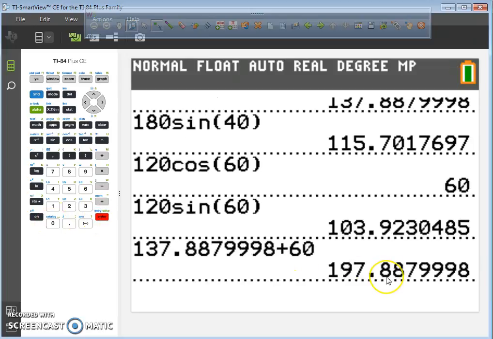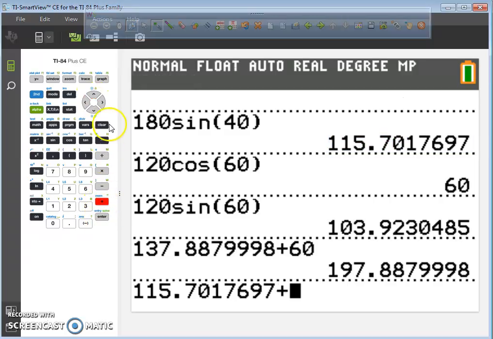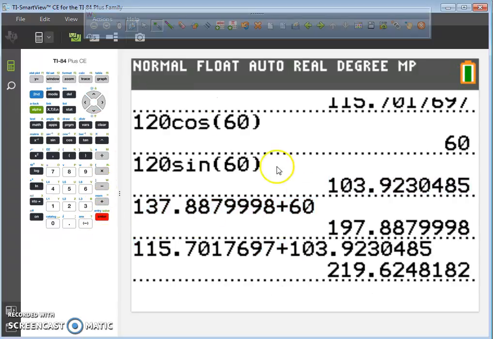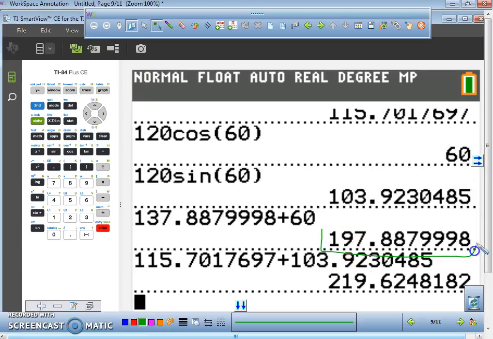Then I'm going to go up here and get the 115, and I'm going to add the 103 right here. Press enter. Now, once again, what does this big number right here represent? That's our horizontal, and this right here is our vertical.